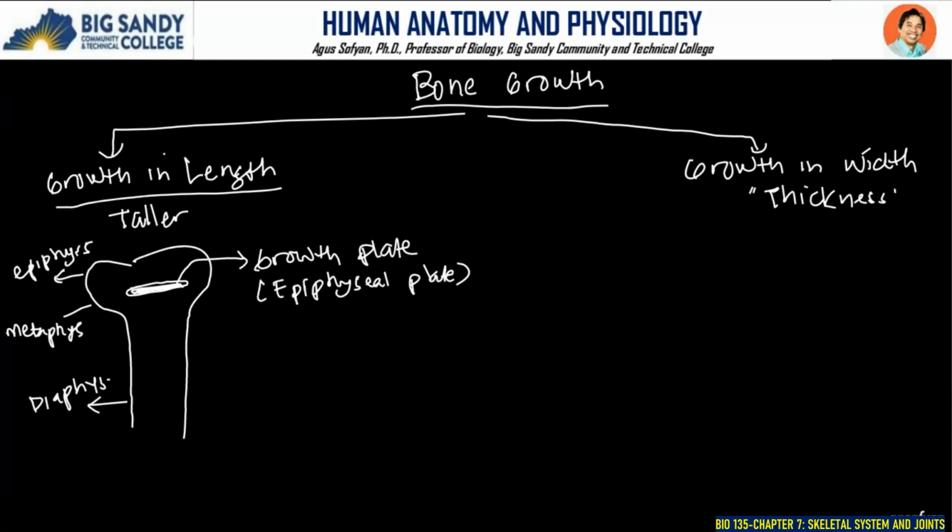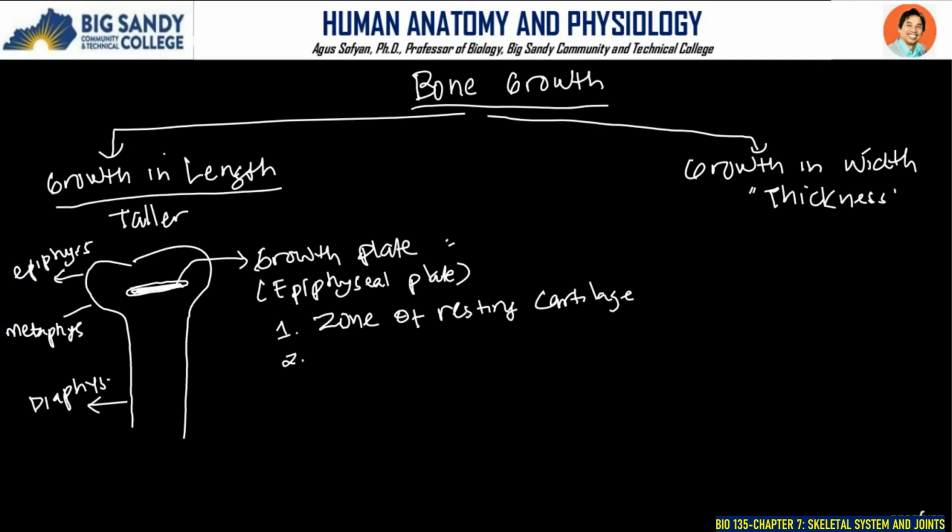So in this area, in this growth plate, there are types of zones or area. The first one is called the zone of resting cartilage. So mostly it's going to be cartilage cell because this cell still be able to divide.